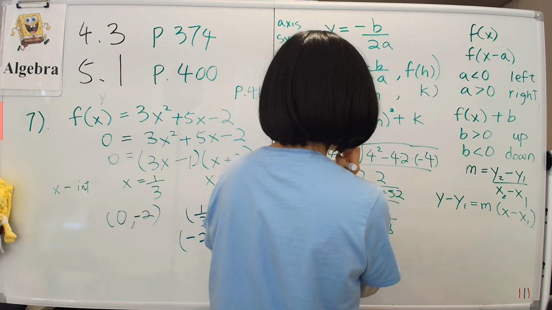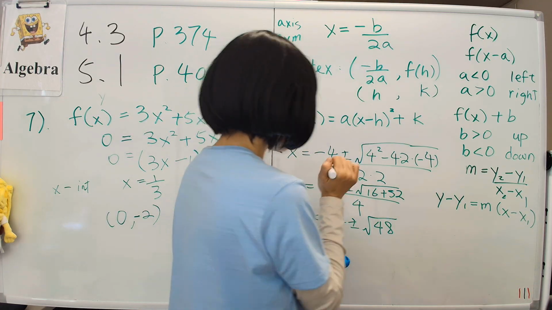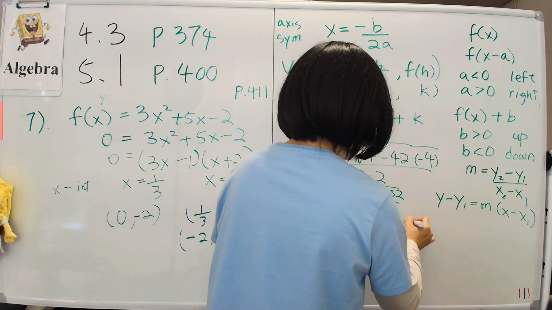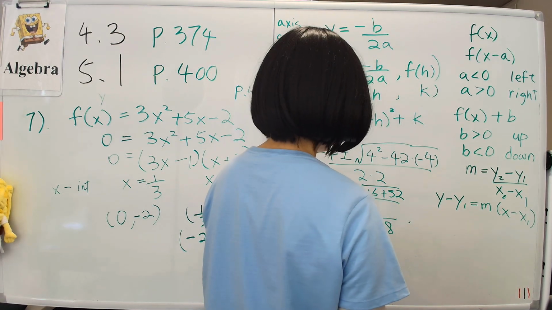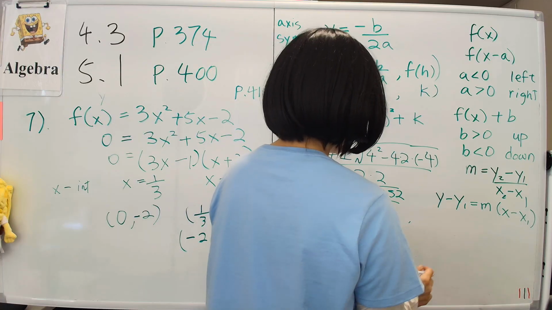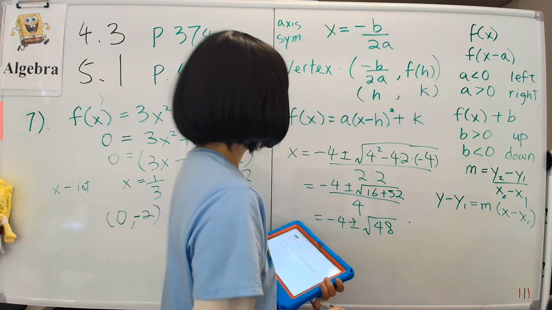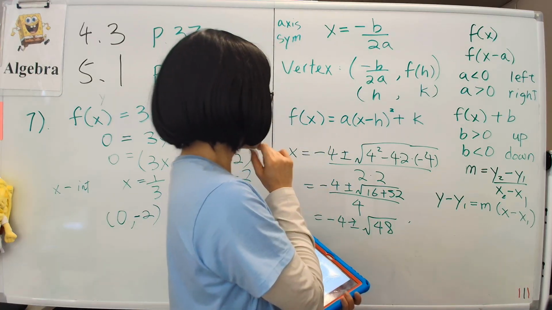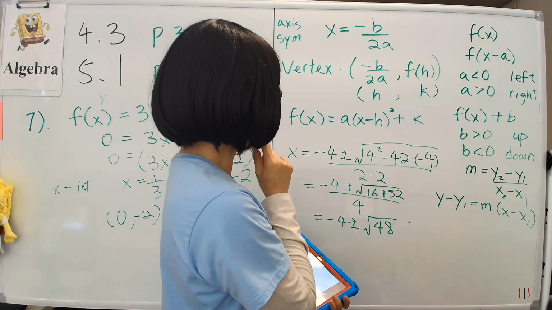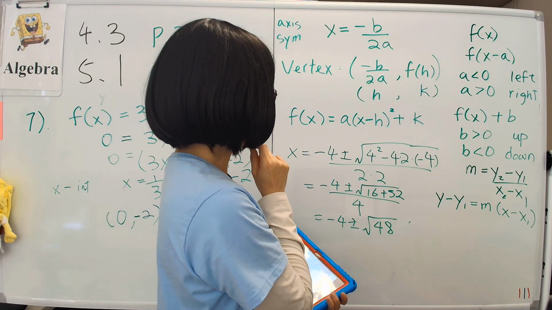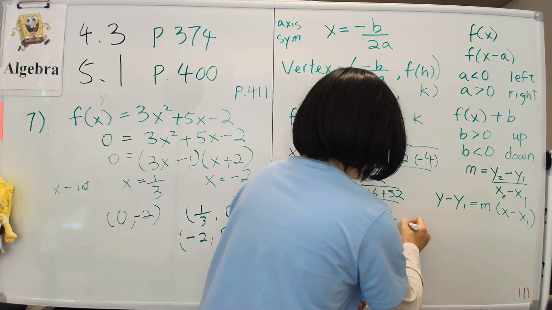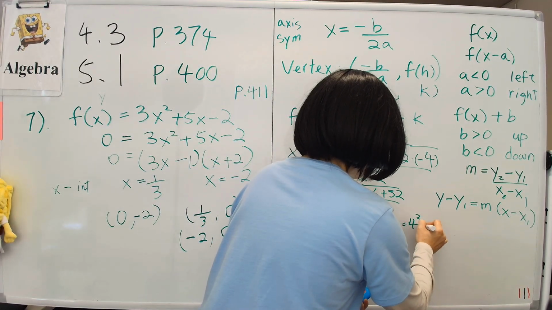Or no, 48 is 6 times 8, sorry. No, what? And now I can't factor 48 properly. Let me think. So 48 is 12 times 4. That's 4 squared times 3. Okay, that's better. 48 equals 4 squared times 3.